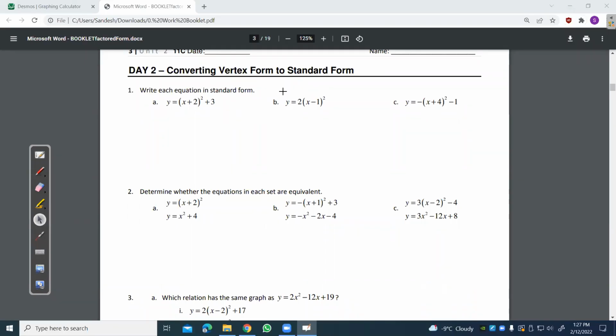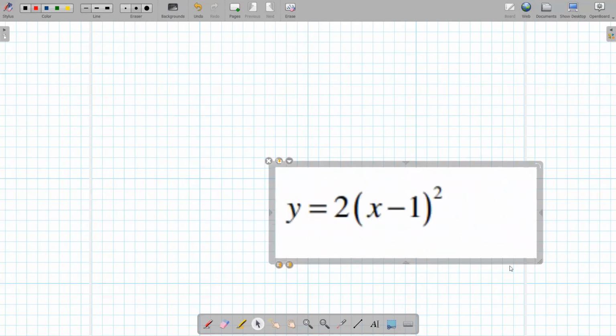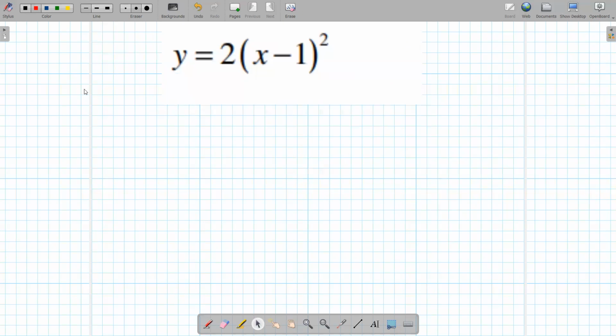Let's try doing another one. The goal is to simply open the brackets and group up the like terms. How do we do this?